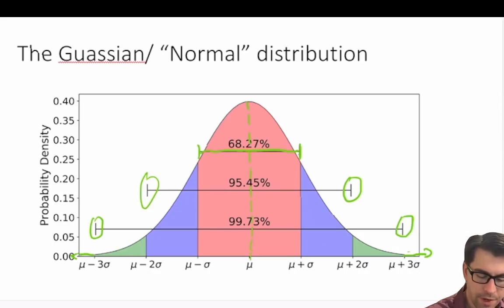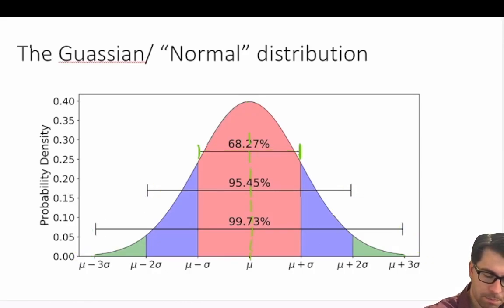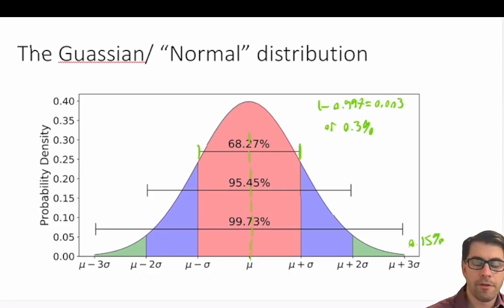And what we know is that if 99.7% of observations are between plus or minus 3 standard deviations of the mean, well, that means that there's 0.3% of observations, so 1 minus 0.997 is equal to 0.003, or 0.3%, which means that 0.15% of our observations are above positive 3 standard deviations from the mean, and 0.15% of our observations are below 3 standard deviations from the mean.